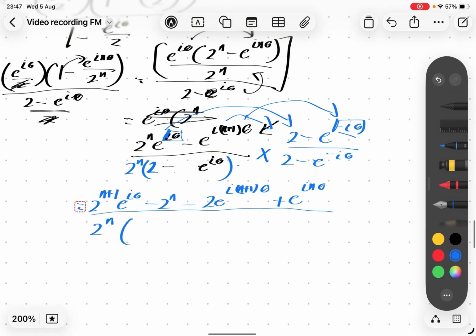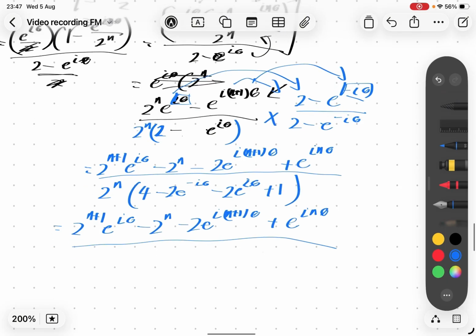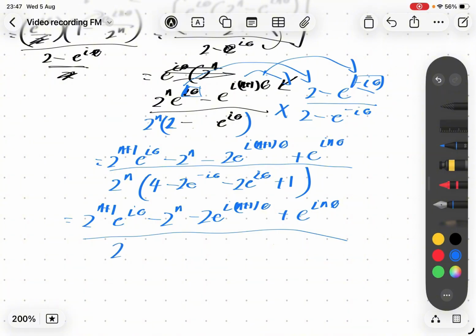Okay, and then just continue expanding, so I got 2 times 2, 4, minus 2e^(-iθ) minus 2e^(iθ) plus 1, over 2n plus 1 e^(iθ) minus 2n minus 2e^(i(n+1)θ) plus e^(inθ). The bottom is 4 minus 2.